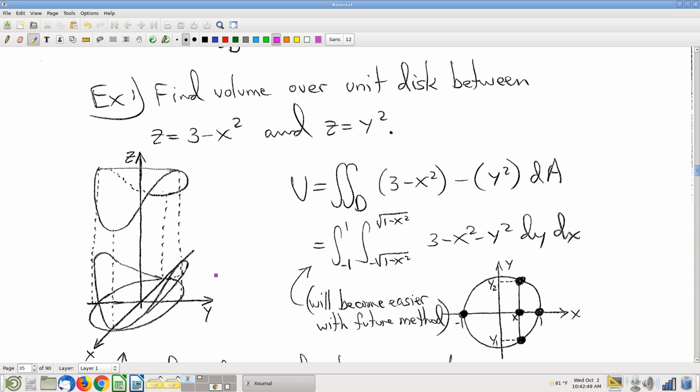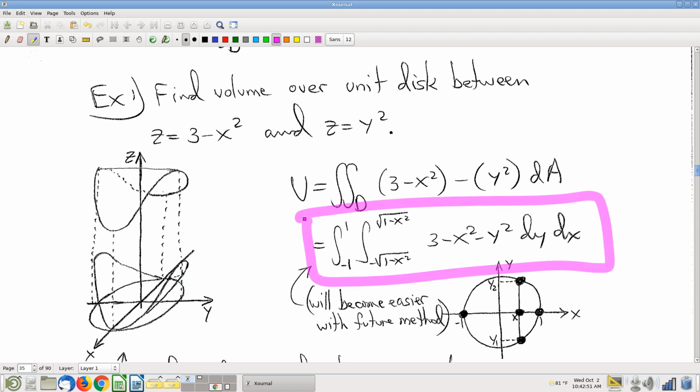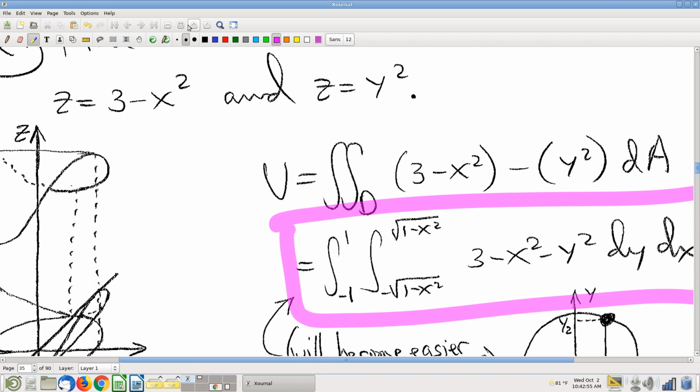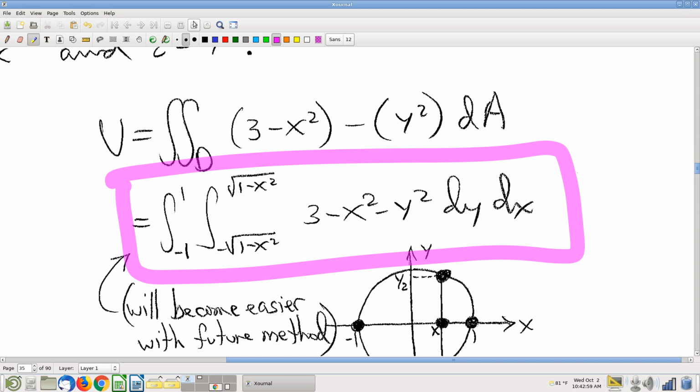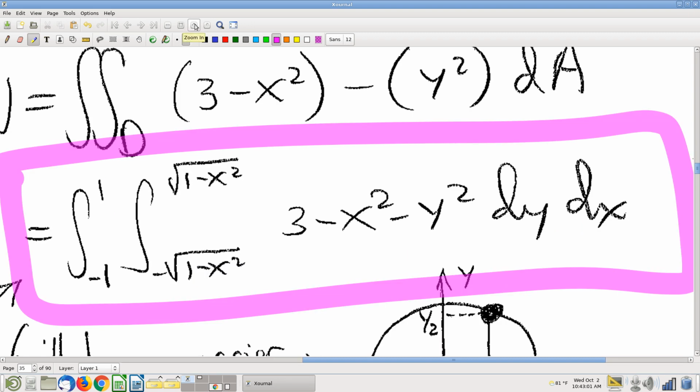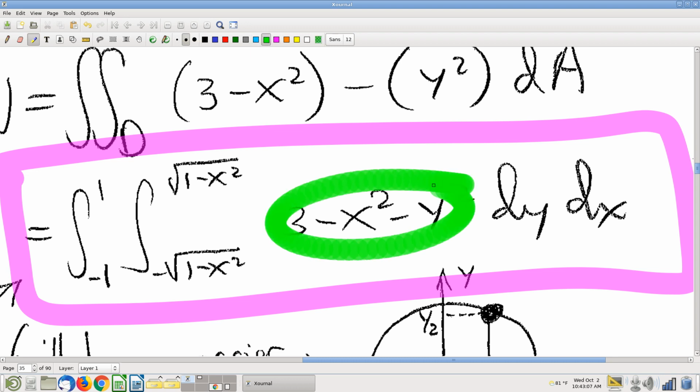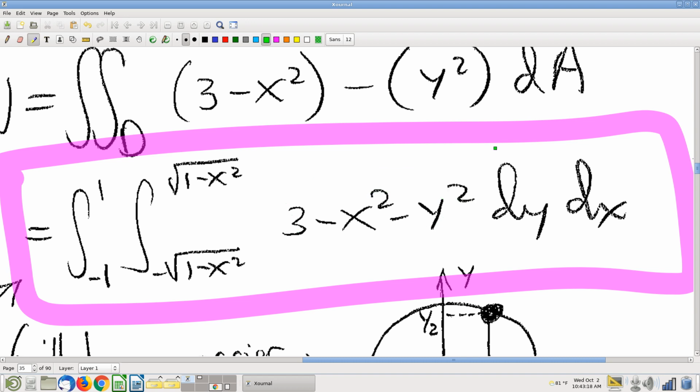Okay, and then here's your resulting integral. Now, I want to recognize that integral is a monster. That's a nasty integral. Let's zoom in one. Here we go. That's a horrifying integral. Now you might be thinking, oh, come on, it doesn't look that bad. Look, it's just a polynomial. No, this is a nightmare of an integral. And here's why. Look, the dy integral is easy.